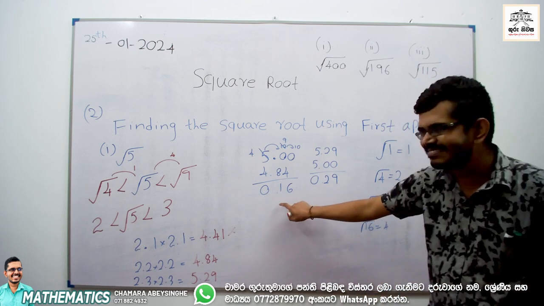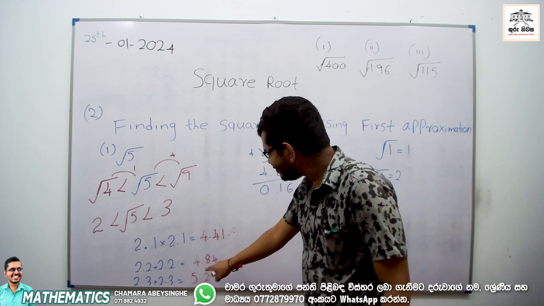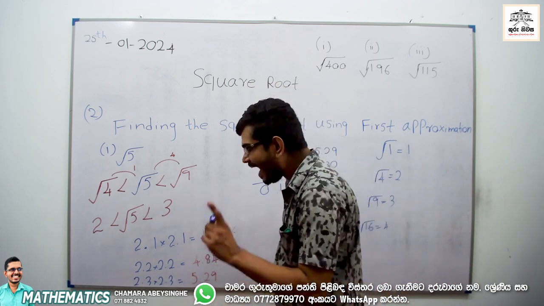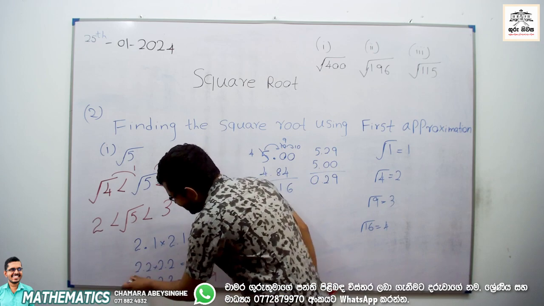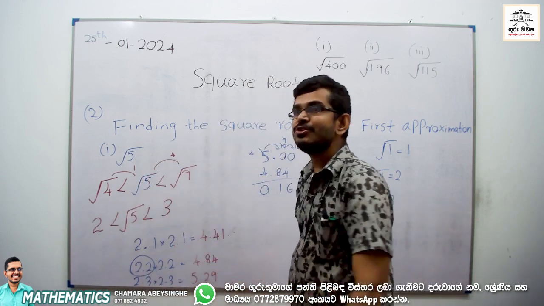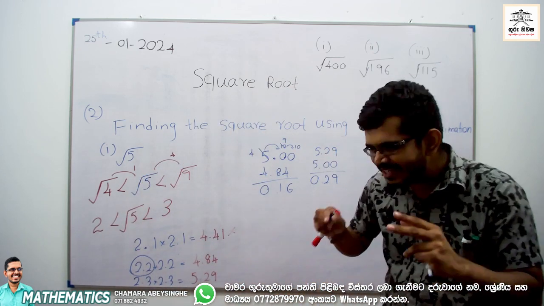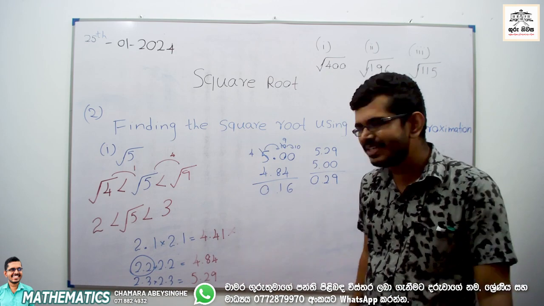This is the nearest one. The nearest one is 4.84, and 4.84 is created by 2.2.